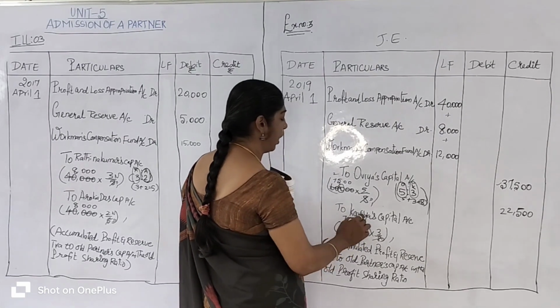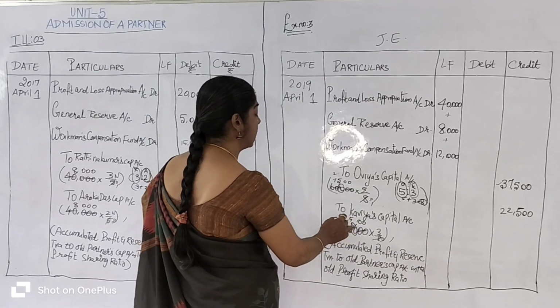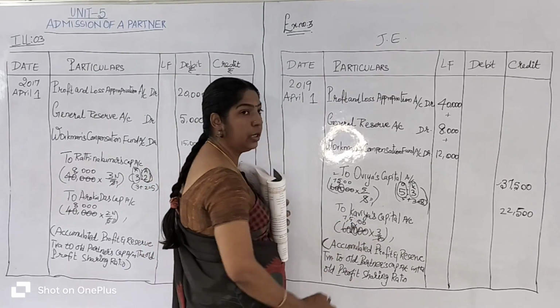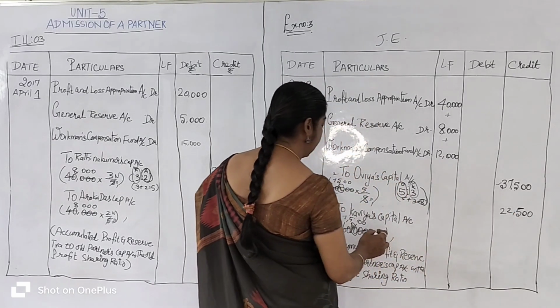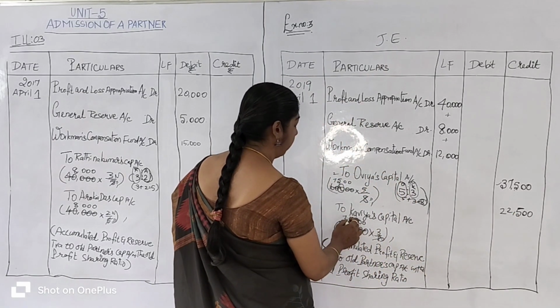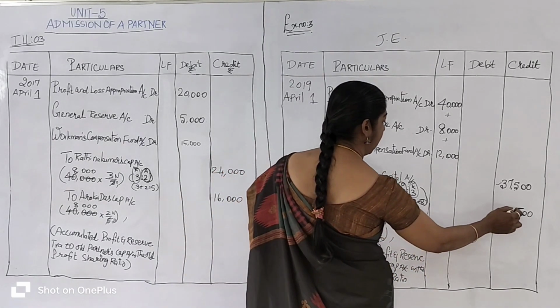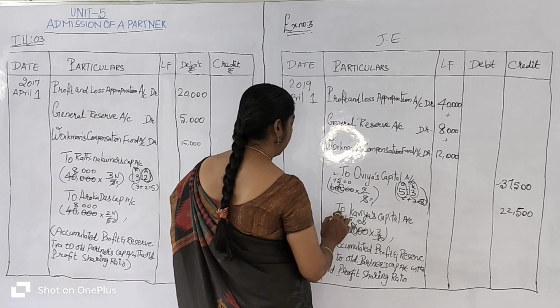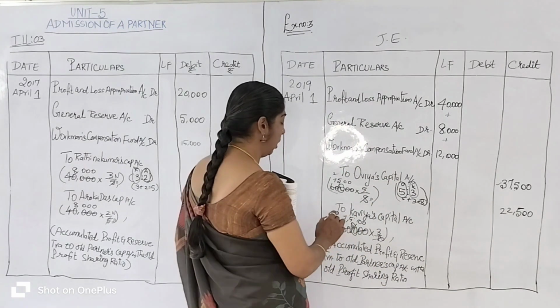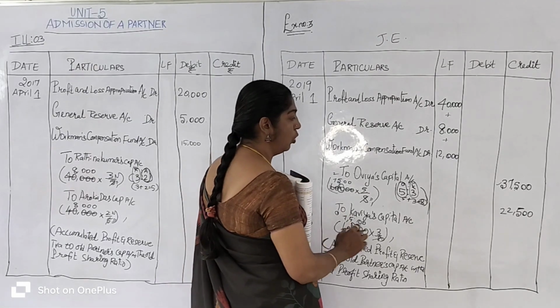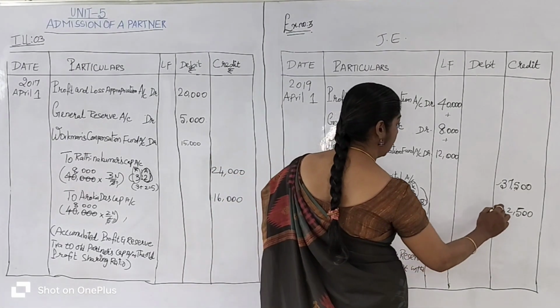So 7,500, now we multiply 7,500 into 3. 3 5s are 15, remaining 1. 7 3s are 21, 21 plus 1 is 22.